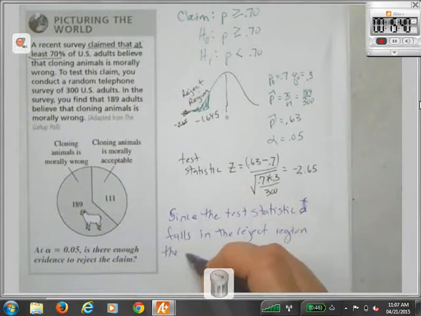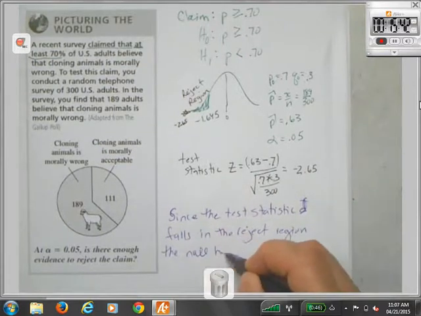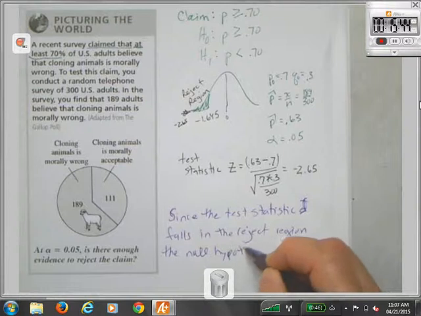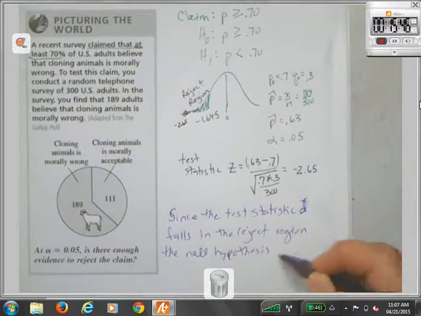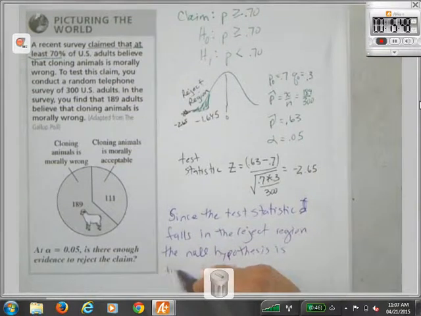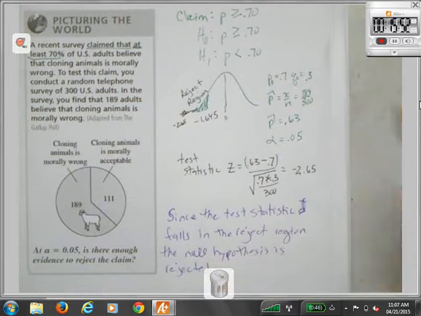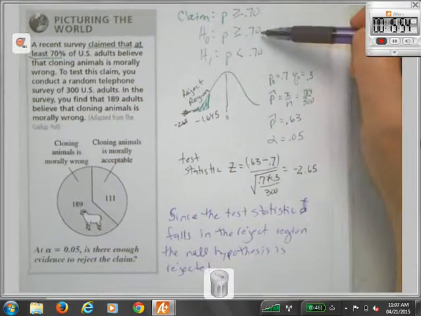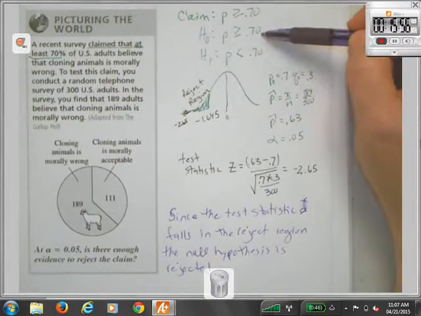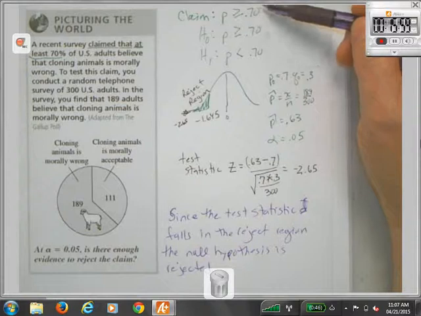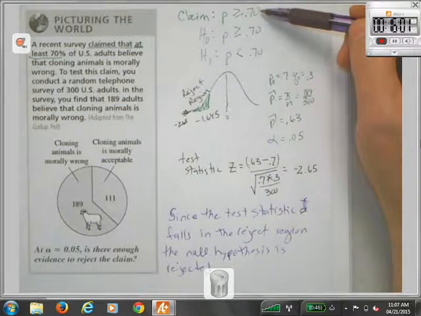The null hypothesis is rejected. Looking back at the null, it says at least 70%, and that matches the claim, so we have to reject the claim as well.